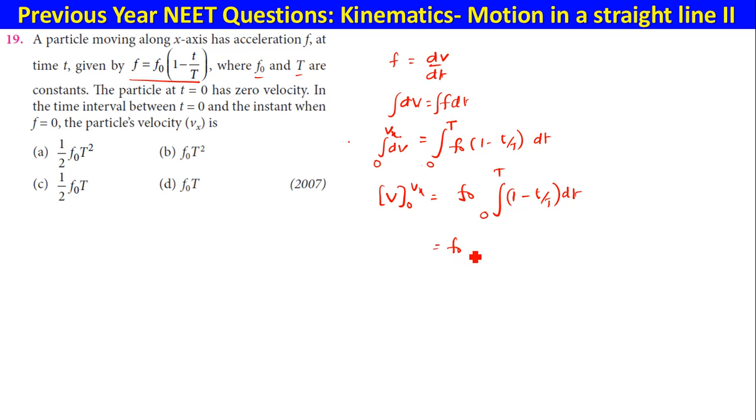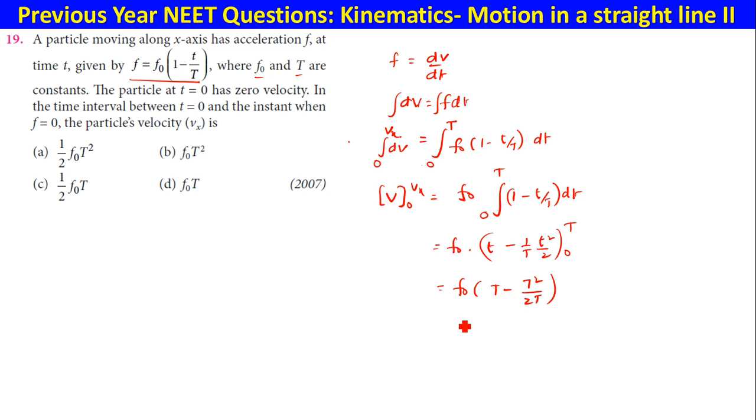So f naught into the integral of dt is nothing but t, and the integral of t by T is t square by 2T. The limits are from 0 to T. If you substitute the upper limit, you will get T in the first term and T square by 2T in the second, and if you substitute the lower limit in any of these, you will get 0.